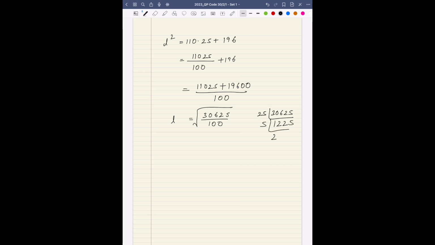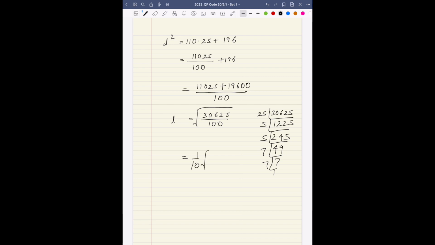So you get 2, 2 carries over 4, right? 2 carries over 4, then 5, 245. Take 5 again. So now you get 4 and you get 9, right? 49. This was a mistake I made. Then 49 is what? 7 and 7. So write it like this.